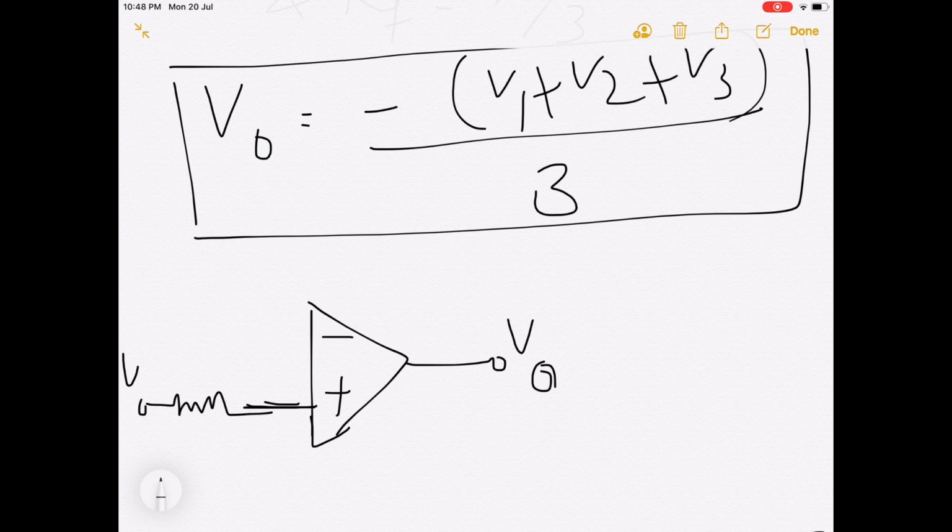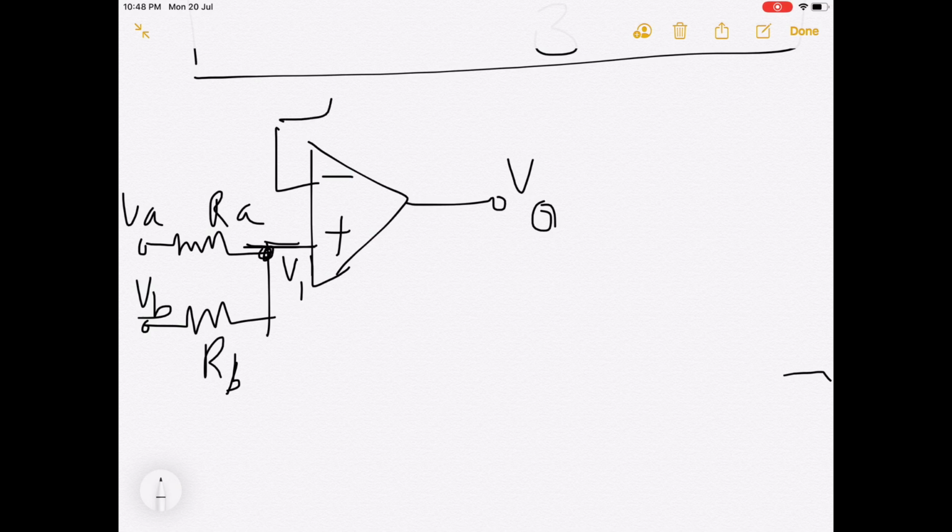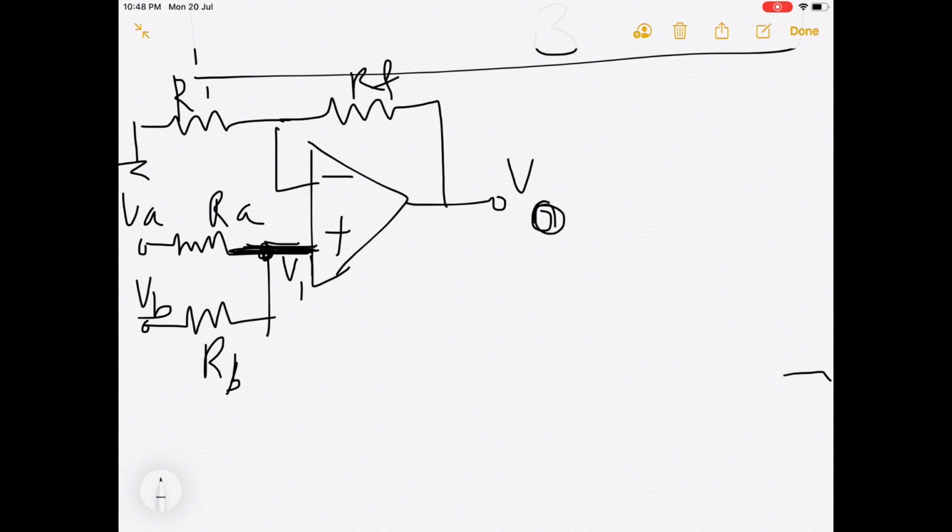So this is VA, then RA, then other input VB, resistor is RB, and this voltage is V1, and then feedback resistor RF and your R1. Remaining circuit will be same, only you have to apply inputs at which terminal? At non-inverting terminal, okay. And now you have to derive what will be the output voltage of this circuit.